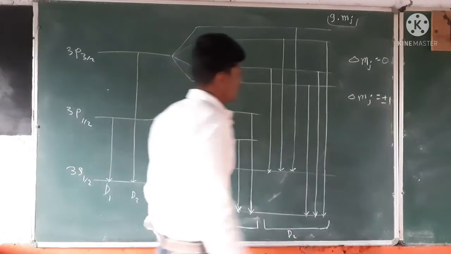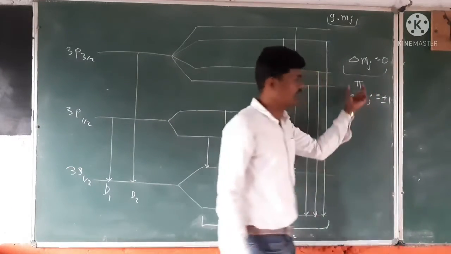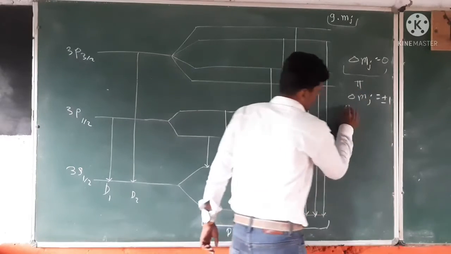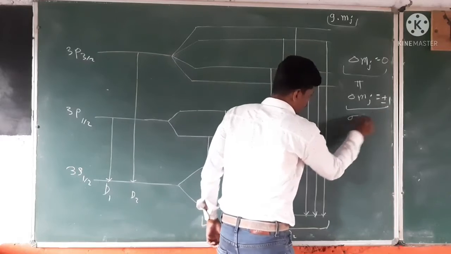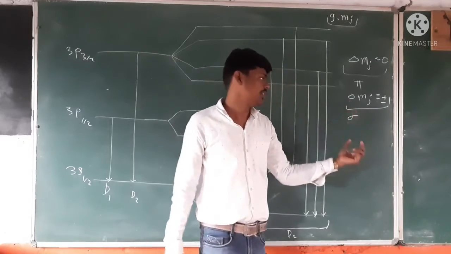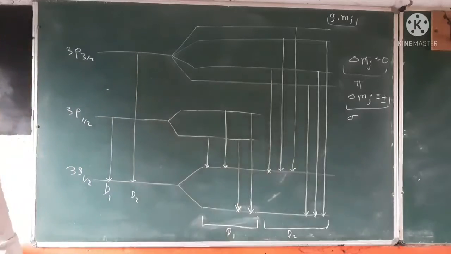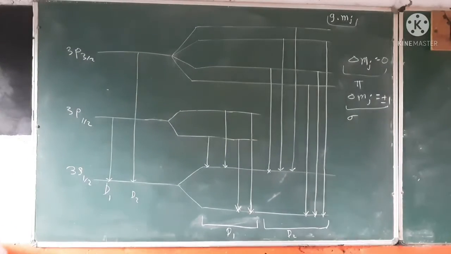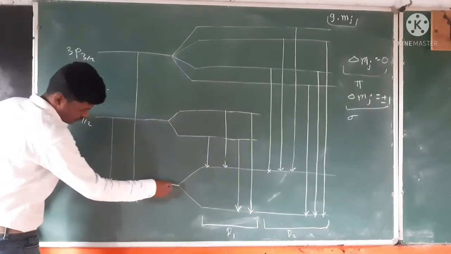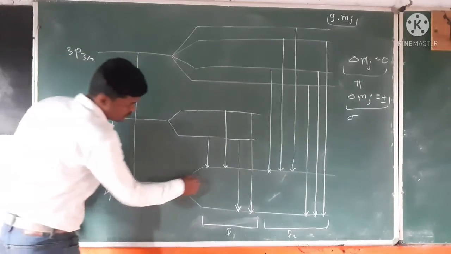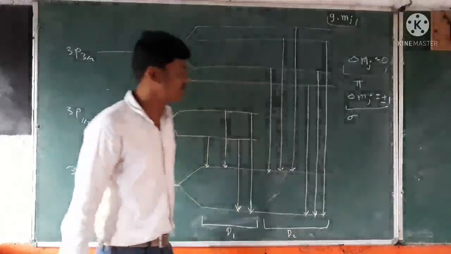If the transition obeys the first rule, it is denoted by the pi symbol, and if it obeys the second rule, then that line is represented by sigma. So let's take how this 3s 1/2 line splits into components and calculate their m_j g values.